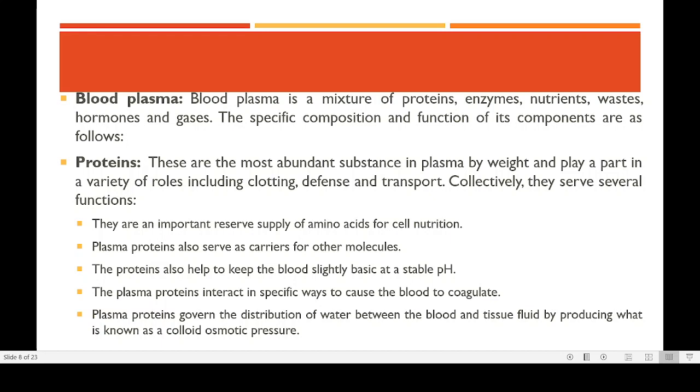So plasma protein is acting as an important component in maintaining that osmotic pressure. Without the osmotic pressure, the normal osmosis taking place in the blood may not take place properly. So these are the five different functions of plasma proteins.